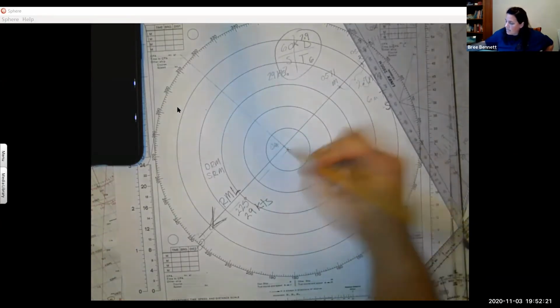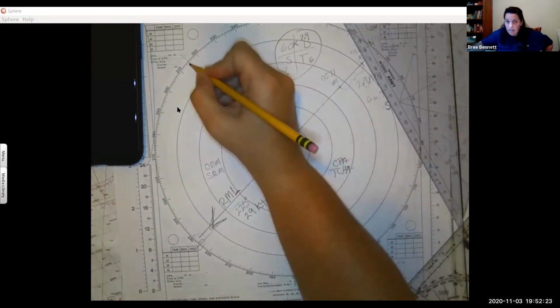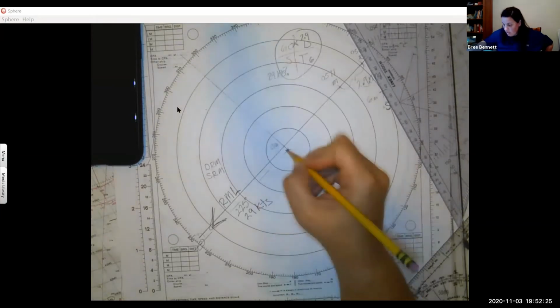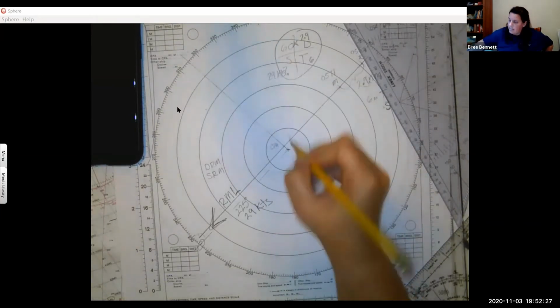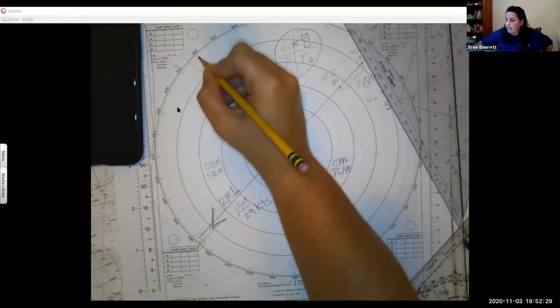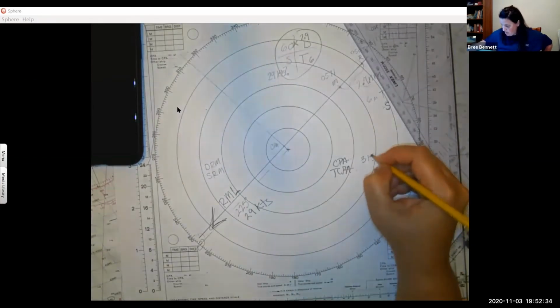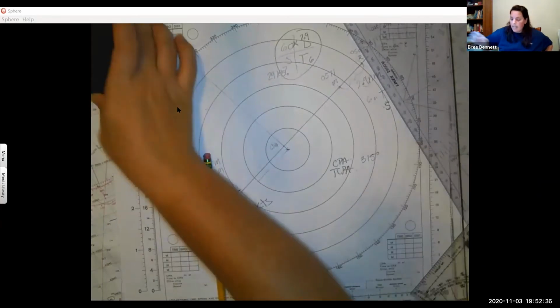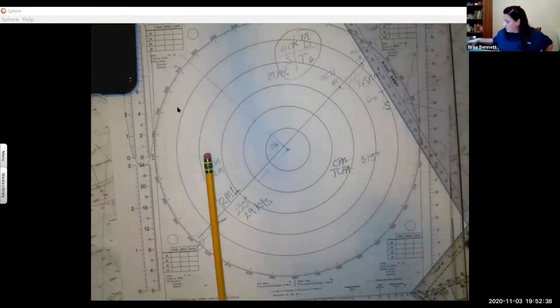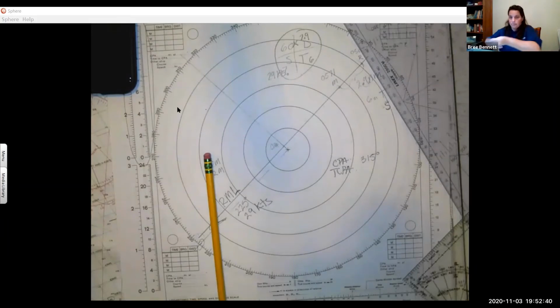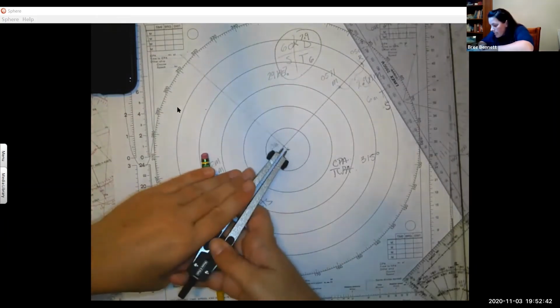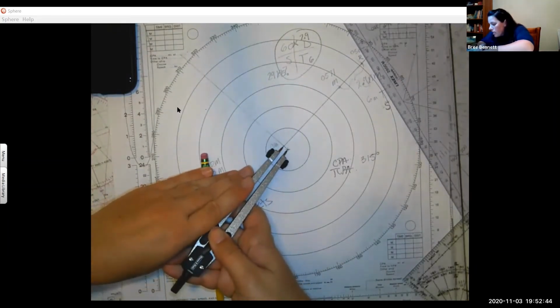If I'm looking for my direction of CPA, it's already from the center. So I could say my direction of CPA is 315 degrees. And my distance of CPA, I'm going to measure that distance from me to that CPA point.